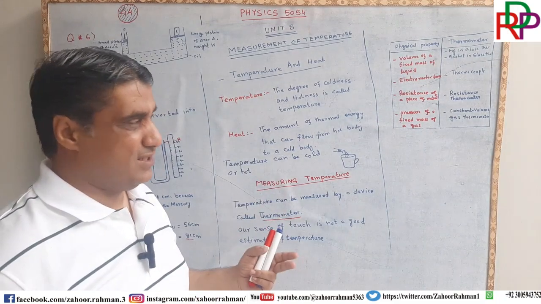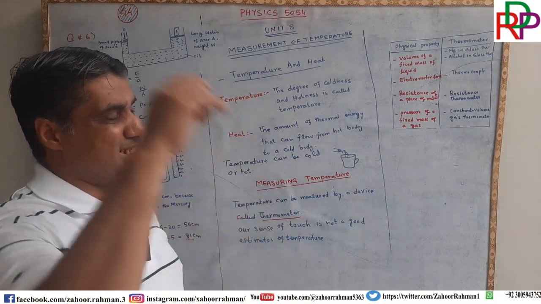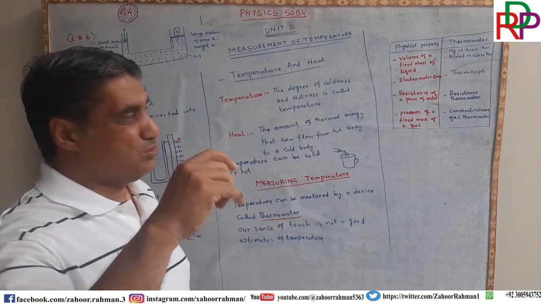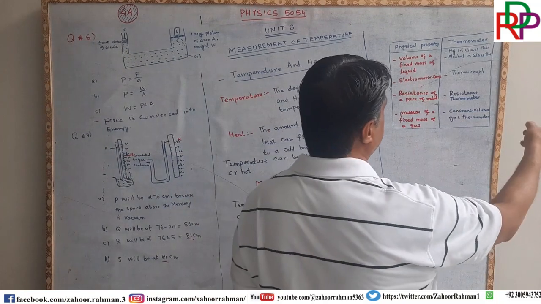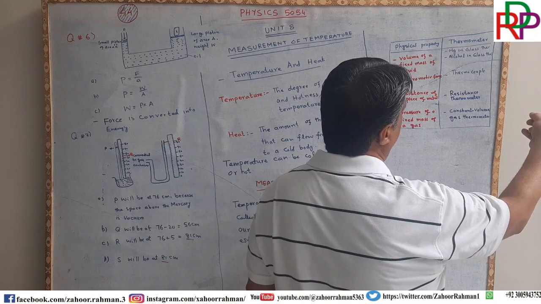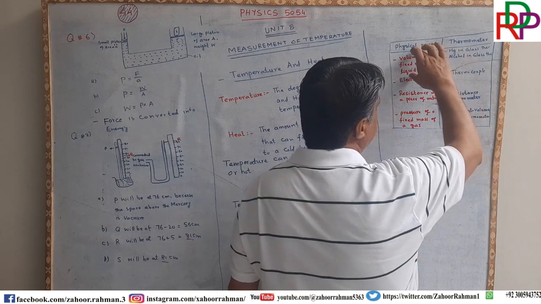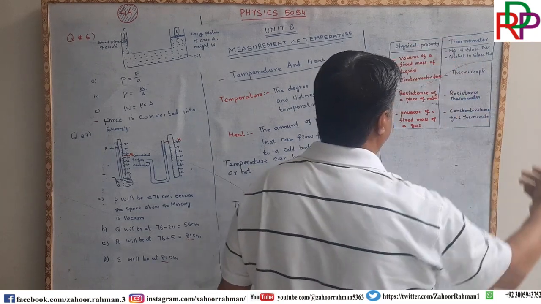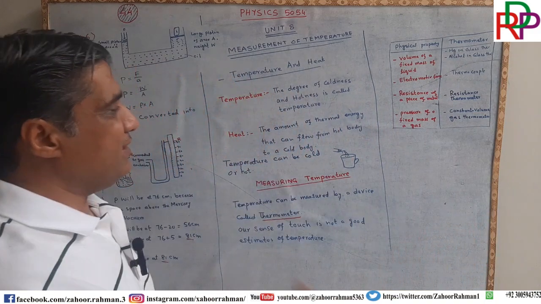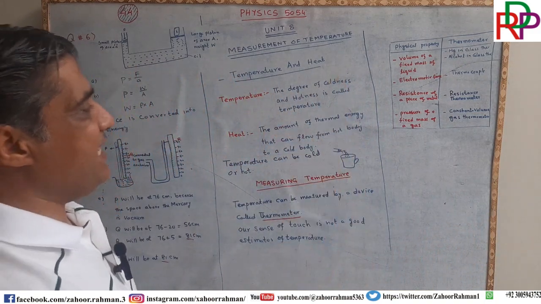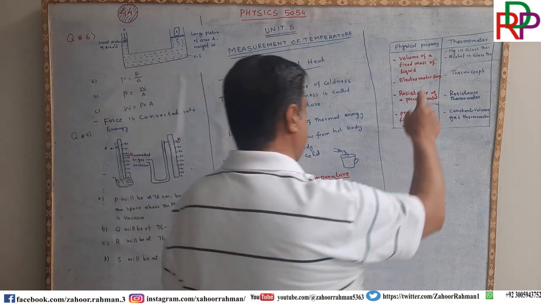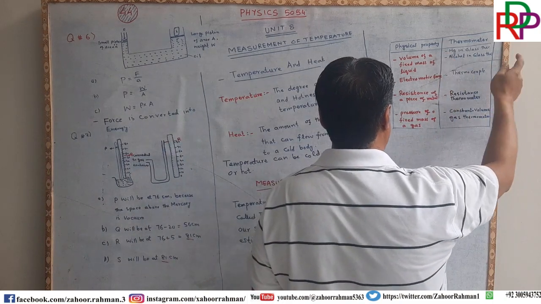No, the same fixed volume is there, but it is expanding. When it is expanding linearly, we get the temperature of the body. On this physical property, because a liquid expands with temperature, we can create two types of thermometer.